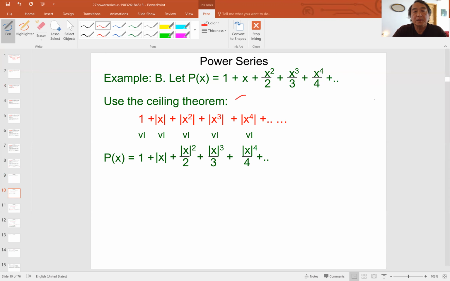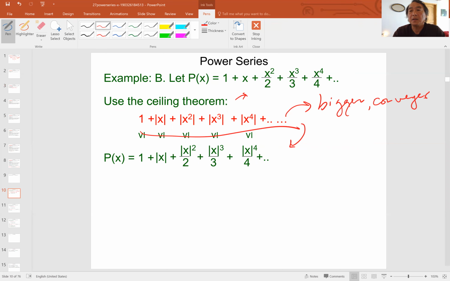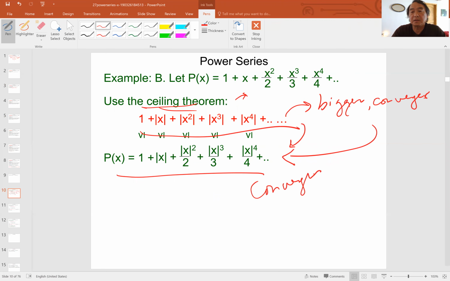Let me remind you what this is. The ceiling convergence theorem basically says if I find something bigger, and this bigger one converges, then it acts as a ceiling, and this will imply that what I have must converge, because the ceiling is on top of what I have.